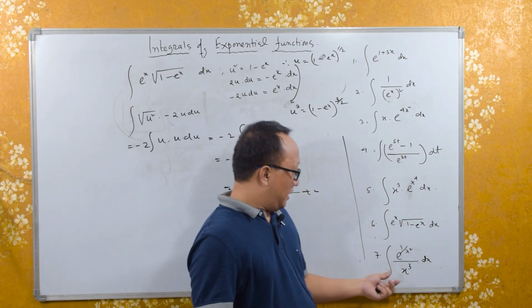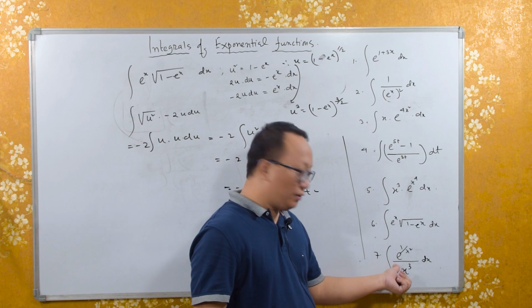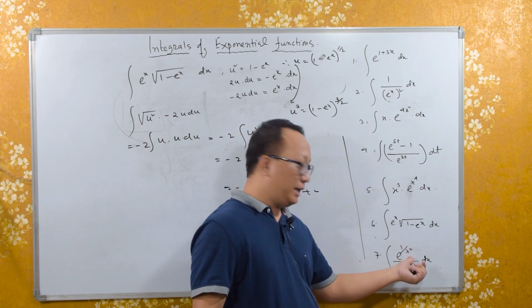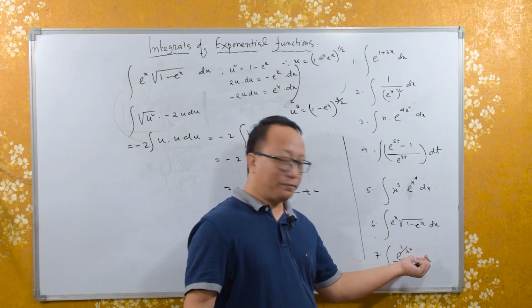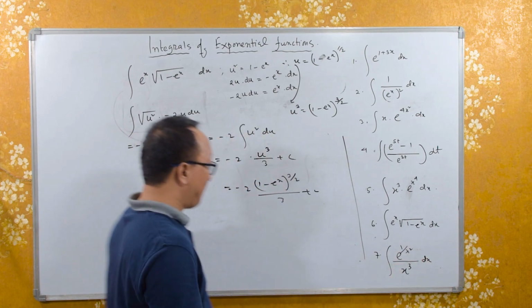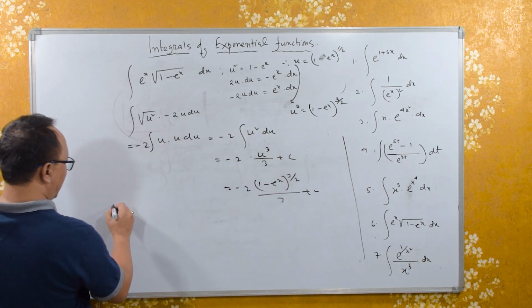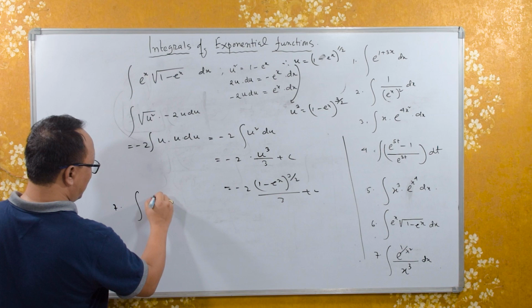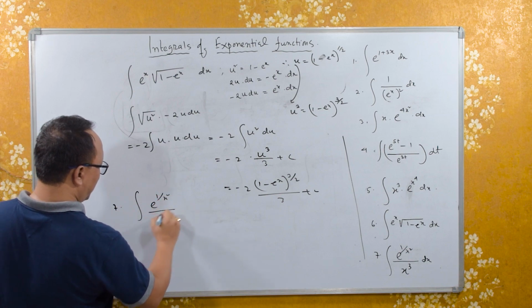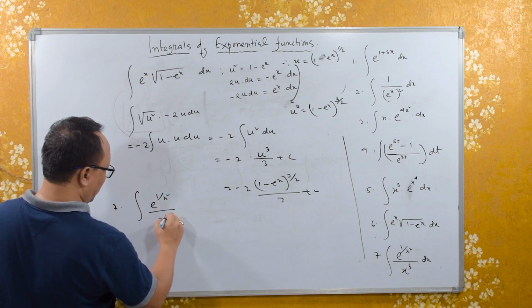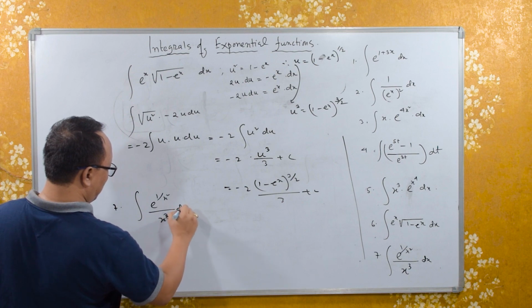Now for this also we have to substitute 1 upon x square as u. Question 7, the integral of e raised to 1 upon x square upon x cube dx.